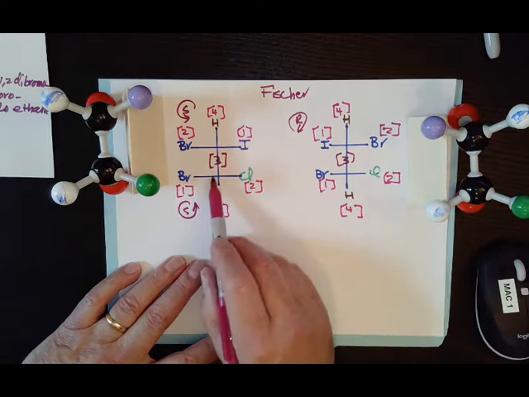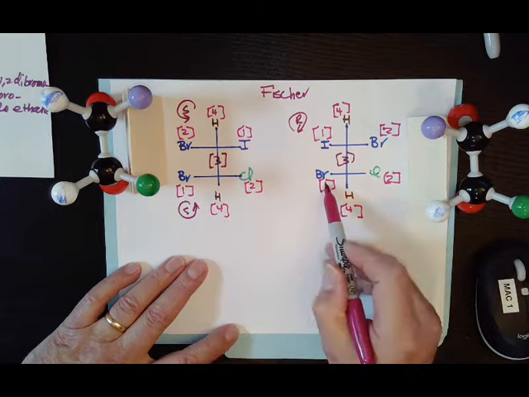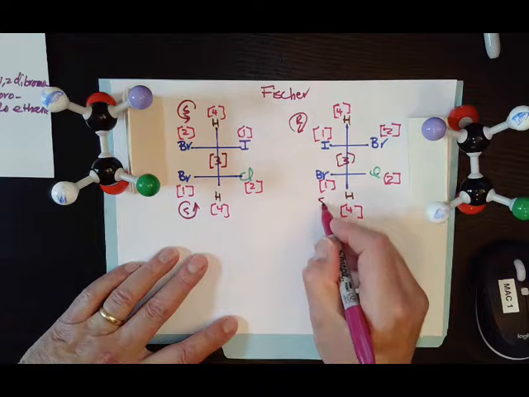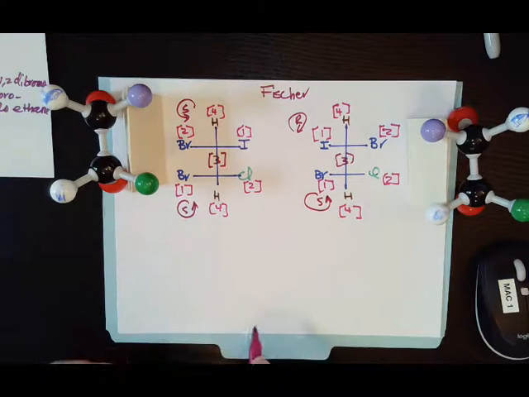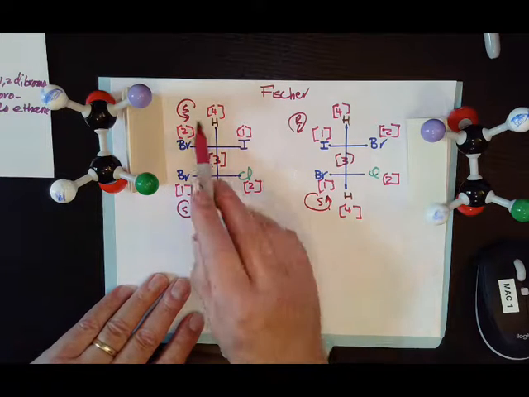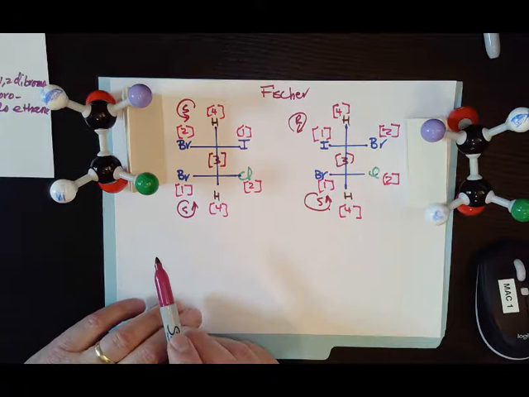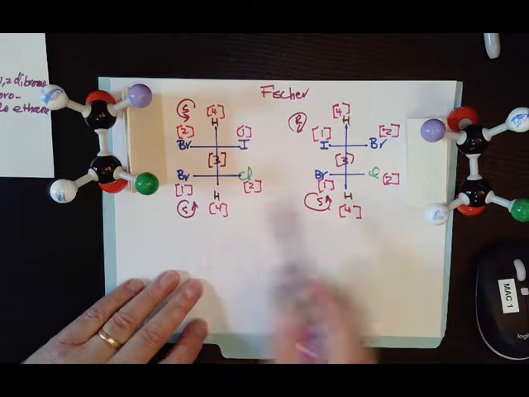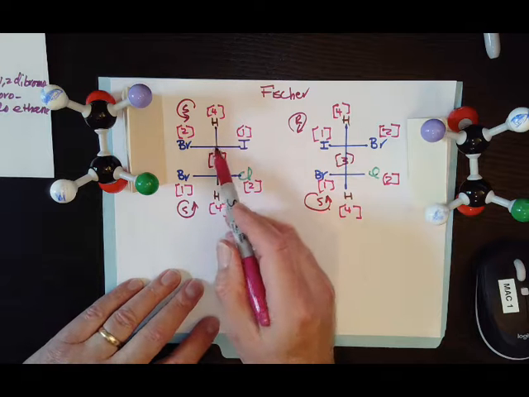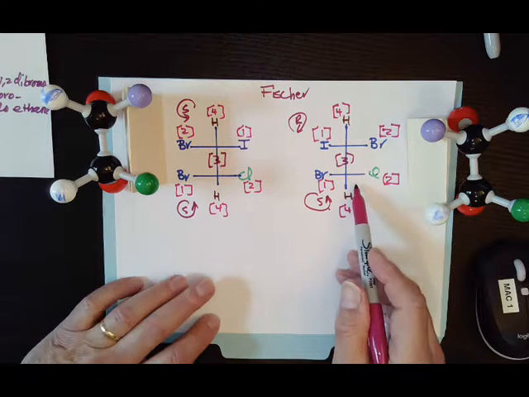So let's look at carbon number 1. We know carbon number 1 in this structure is S. So again, 4, ignore. 1, 2, 3, 1, 2, 3. Oh, it's S. So again, like before, we have an S and an S the same, and an S and an R for these 4 carbons. So they're not mirror images of each other. One carbon is a mirror image and the other one is the same. And Fischer projection is easy to see.